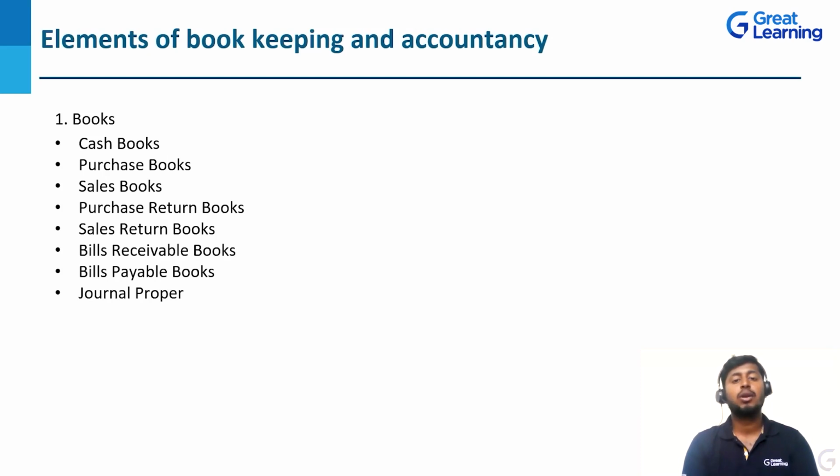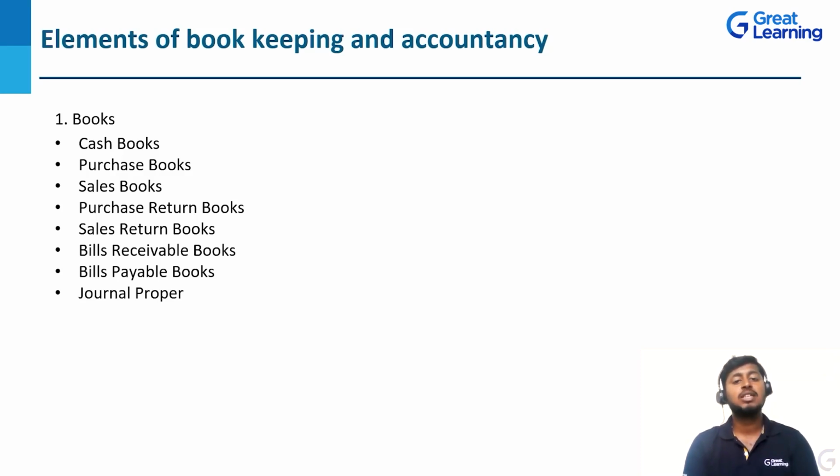For that reason, we return the goods to our supplier, and that we record in the purchase return books. Next, sales return books. Just as we return goods to the supplier, whoever purchases from us may return goods for whatever reasons. At that time, we record all the sales return transactions in the sales return books.